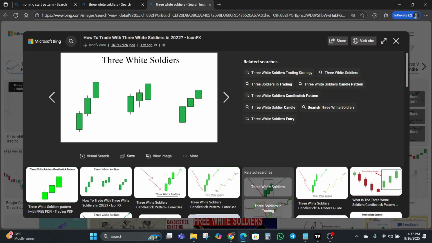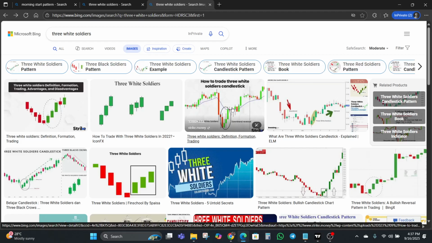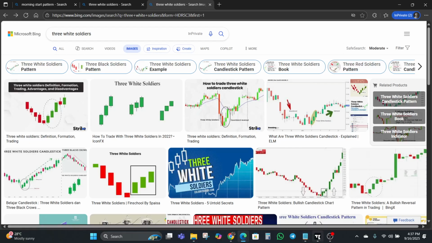Now, while these patterns are some of the best bullish candlestick patterns to know, it is also important to remember that no candlestick should be used in isolation. Confirmation is key. For example, you have to check the overall trend. Bullish patterns are strong when they align with an existing uptrend or appear at the end of a retracement.